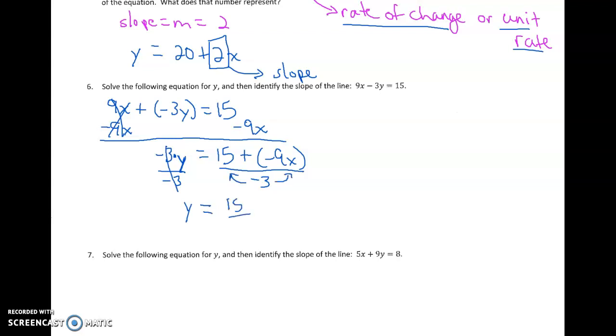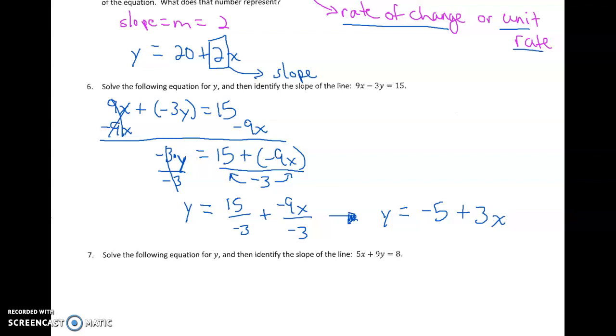So I need to go 15 divided by negative 3 plus negative 9x divided by negative 3. That leads us to y equals 15 divided by negative 3, which is a negative 5, plus negative 9 divided by negative 3, which is a positive 3, and then we have our x.